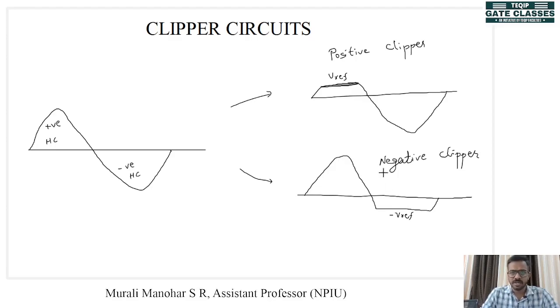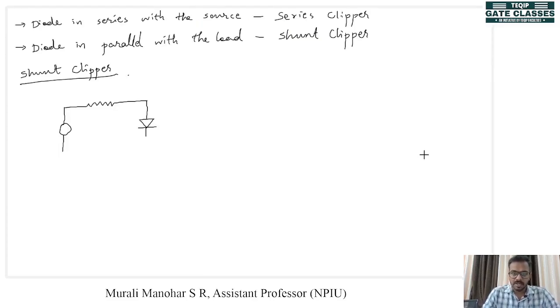In a positive clipper this Vref can be negative, and in a negative clipper this Vref can be positive. It depends. We'll see those circuits later. Now I will introduce a Vref here, a reference voltage. Now the clipping occurs with respect to this reference voltage.